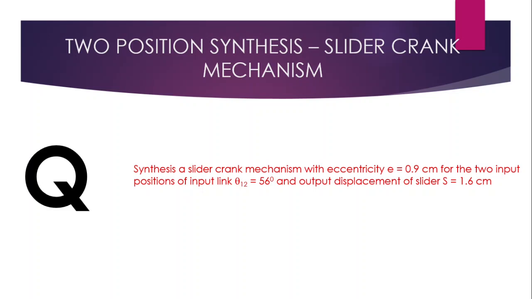Here is the question: synthesize a slider crank mechanism with eccentricity E equal to 0.9 centimeter for the two input positions of input link, theta 1 2 is equal to 56 degree and output displacement of slider S is equal to 1.6 centimeter.